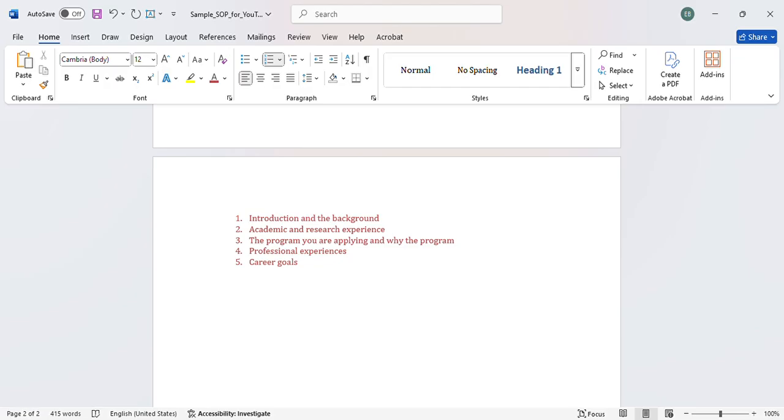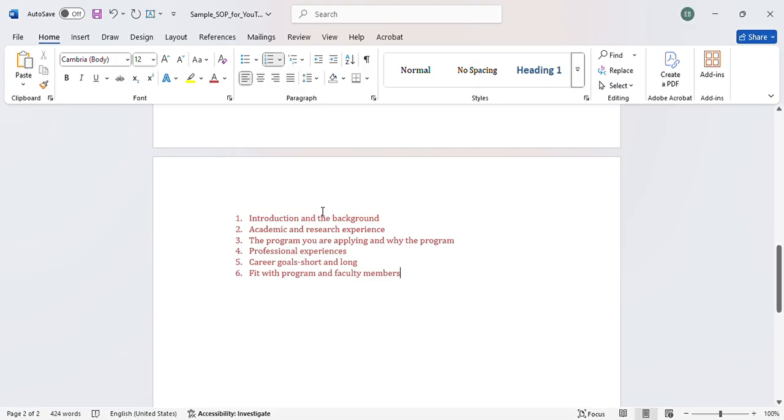You can look at short term and long term goals. And lastly, this is very important, fit with the program and faculty members.